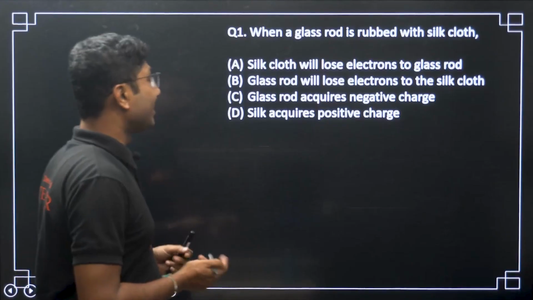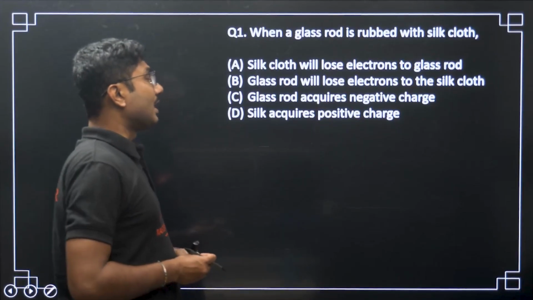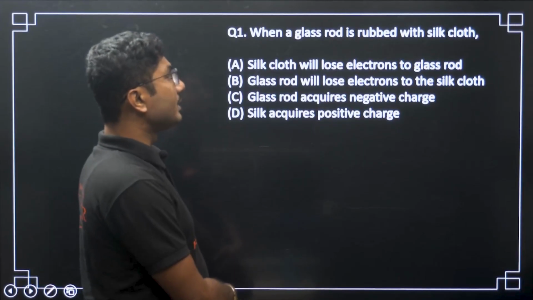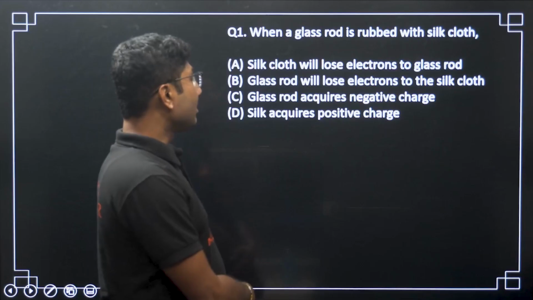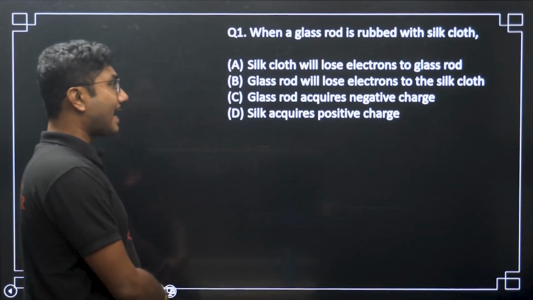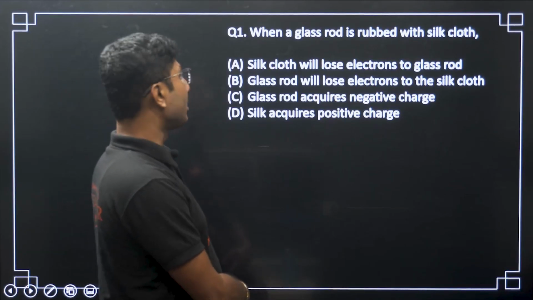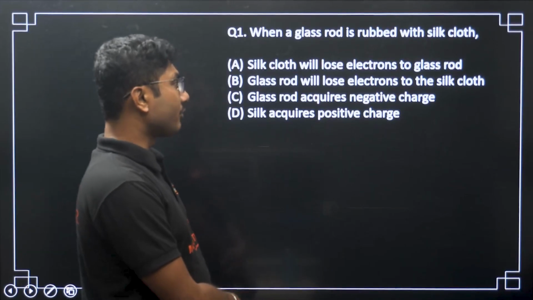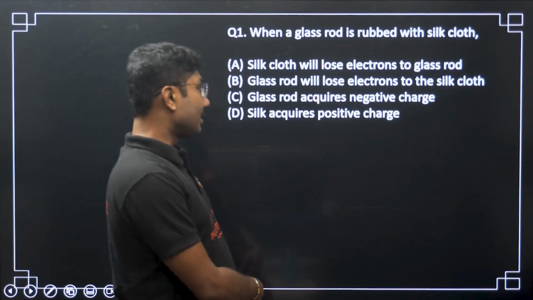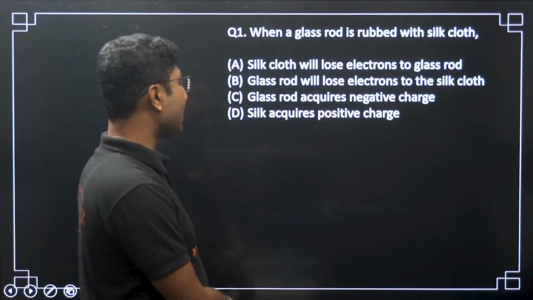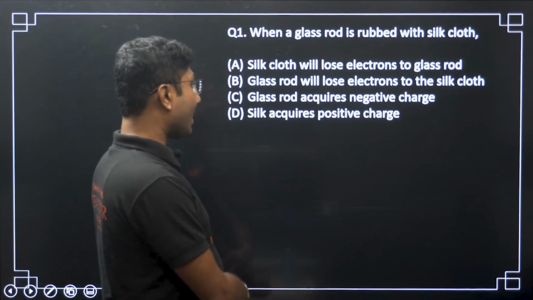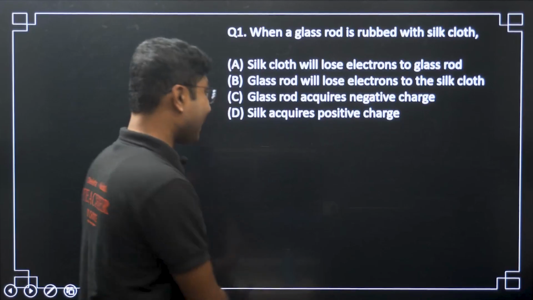And now let us start with the questions. When a glass rod is rubbed with silk cloth, the glass rod will lose electrons to the silk cloth. Glass rod acquires negative charge, silk cloth acquires positive charge. Now let us understand.